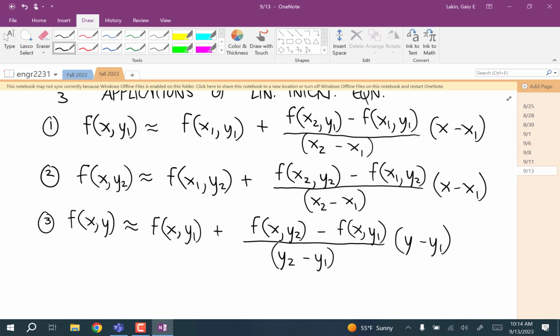So remember, what are we talking about here, what are our independent variables?